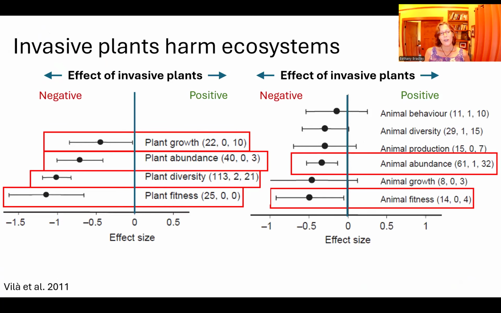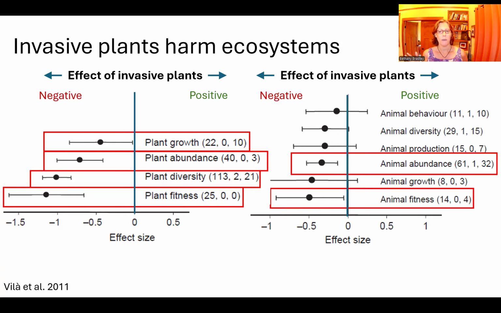All right, so we'll start with something that I imagine a lot of this audience already knows, that invasive plants cause harm to ecosystems. So this graph is from a meta-analysis, which is a statistical method of combining the results from lots of previous individual analyses. In a single study in ecology, lots of things might explain why you'd see, for example, lower native plant growth in invaded areas.